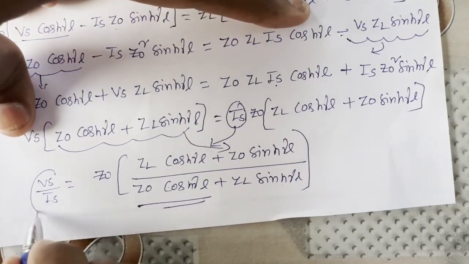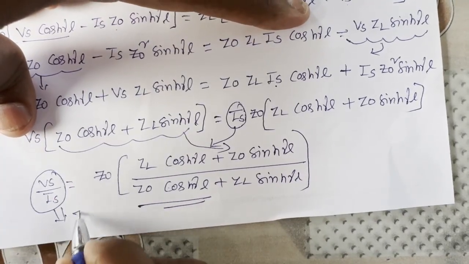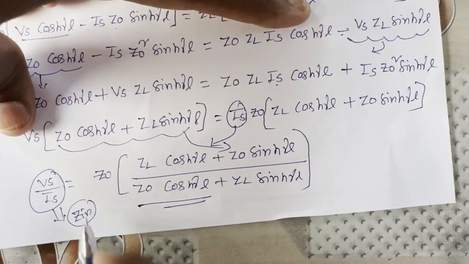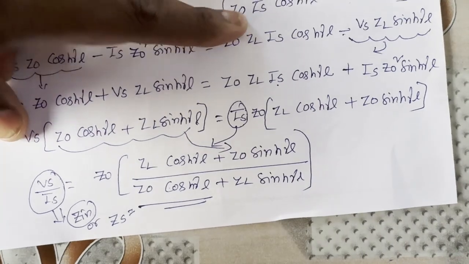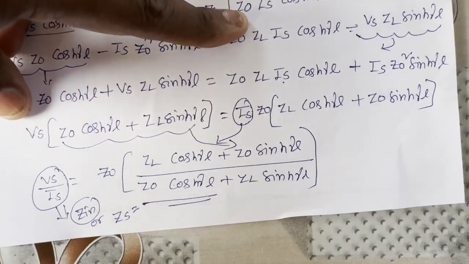It is the expression. Here Vs by Is can be written as Zin or Zs. Simply Zs equal to this expression.